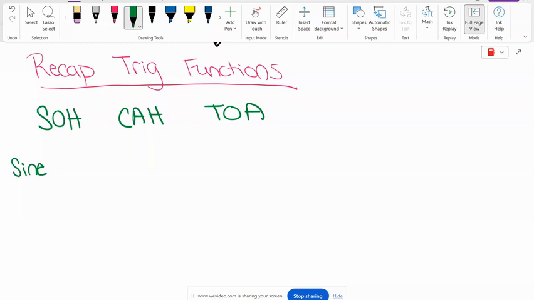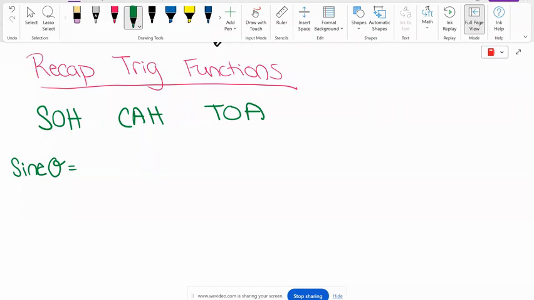We have sine, cosine, and tangent. There is never a trig function that's able to stand without an angle. So it's always sine of an angle, we'll say theta. Sine goes with SOH. What do O and H represent? Opposite over the hypotenuse. You got it.